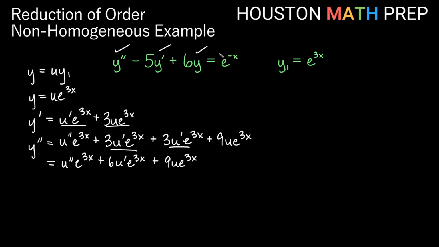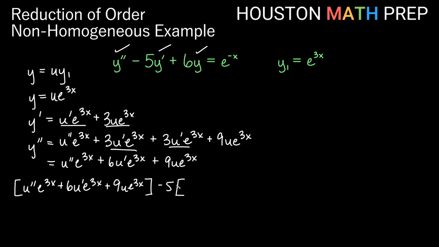Okay, so we have everything that we need to plug in for the left side. The right side will just stay as it is. We'll go ahead and plug everything in. So our y double prime is u double prime e to the 3x plus 6u prime e to the 3x plus 9u e to the 3x, minus 5y prime is the next thing in our equation.